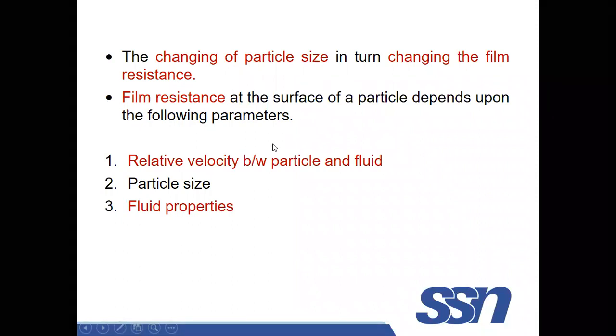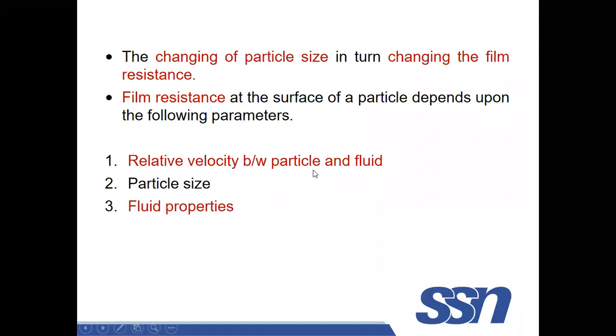So here one important thing is the film resistance at the surface. How much the film resistance depends on the following factors. One is the relative velocity between the particle and the fluid. What does that mean? Second one is particle size. Third one is the fluid properties. Fluid properties, you know what they are. Particle size is nothing but the radius. But what is this relative velocity between the particle and the fluid?